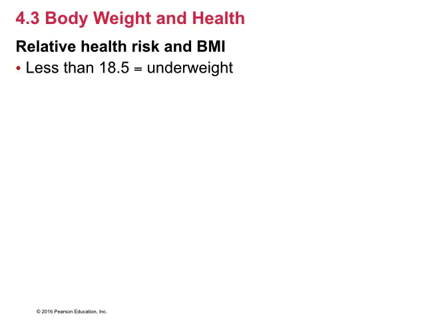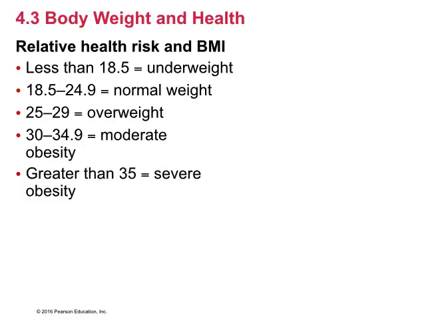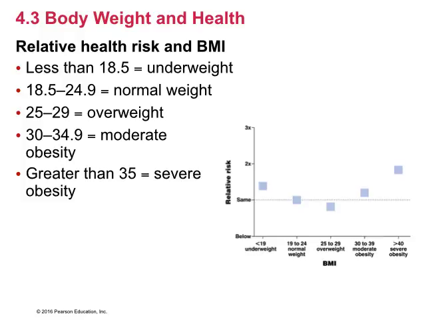So here again is the BMI and the relative health risk. If your BMI is less than 18.5, you're underweight. And then you have normal weight, overweight, moderate obesity, and severe obesity. If you look at the relative risk of each of these BMIs, you'll see that the lowest risk, so basically number of deaths, is the overweight.